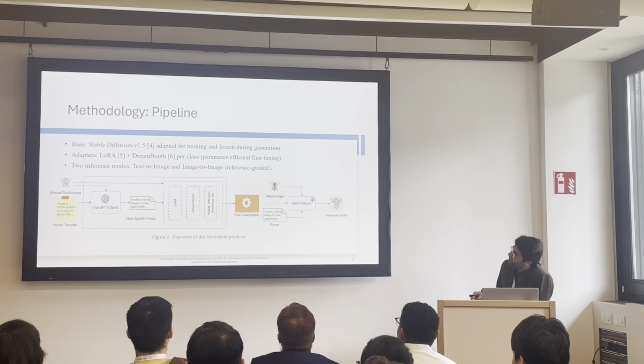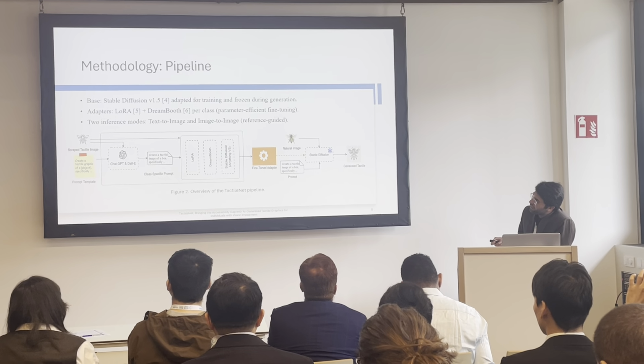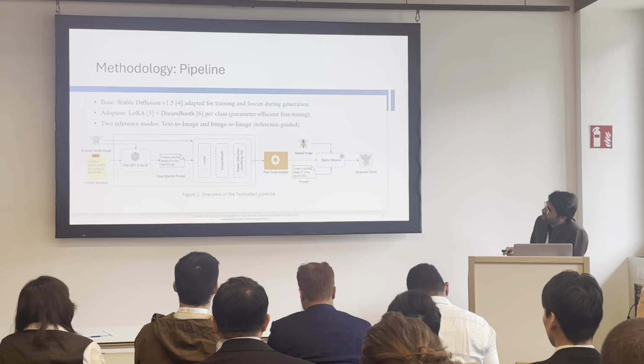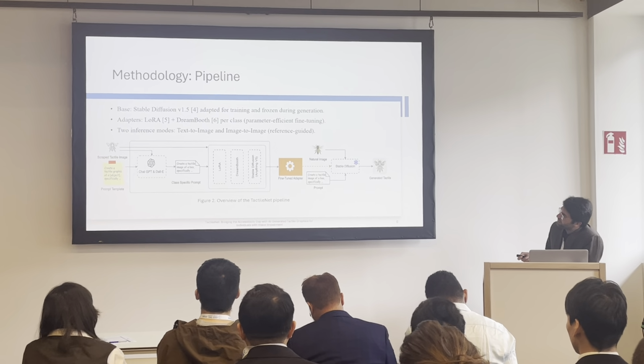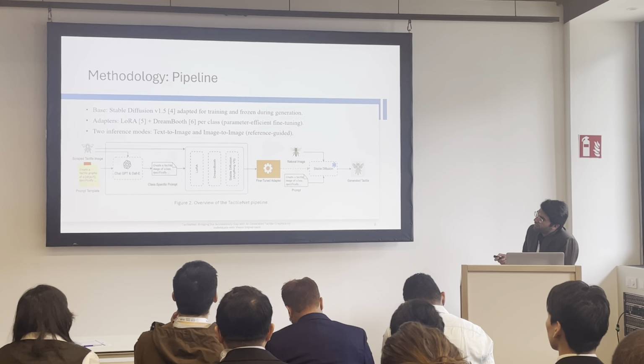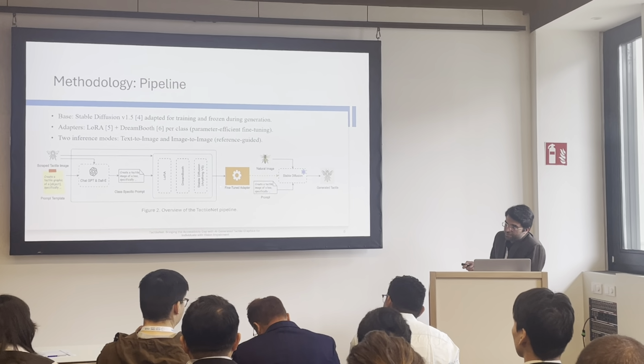That class specific prompt is then passed to our pipeline, where using LoRA and DreamBooth we adapt the Stable Diffusion model, Anything V3, which is a text to image model, and that's why we are using the text here. We use these text and image pairs to adapt the models and come up with a class specific fine-tuned adapter.